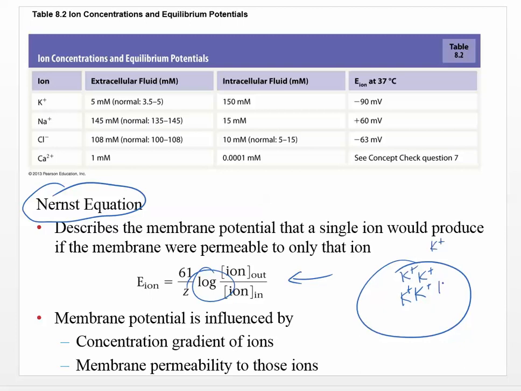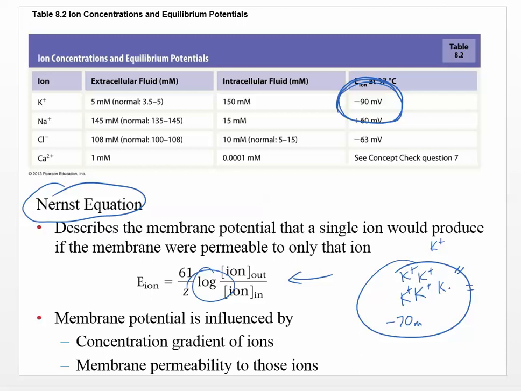If you calculate that, you would see that at that concentration, potassium wants the cell to be at about minus 90. And that's what we see when we do the calculation up here: minus 90. But that's not what the membrane potential is. It's minus 70.